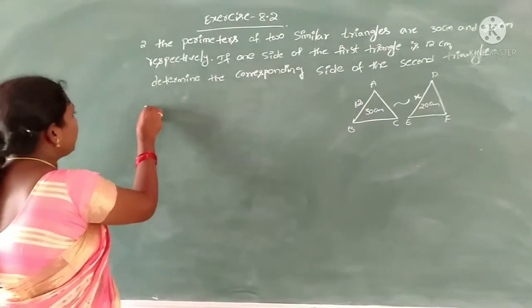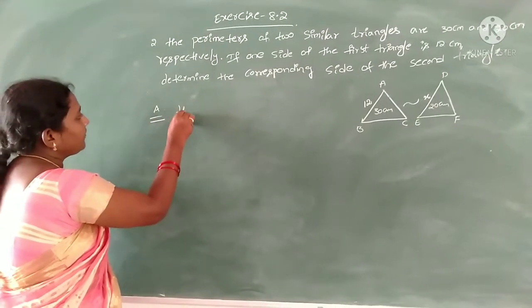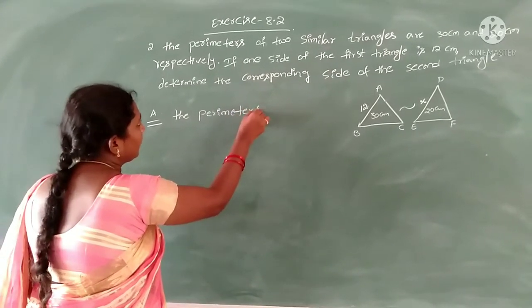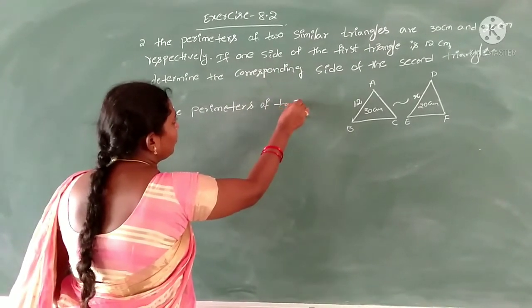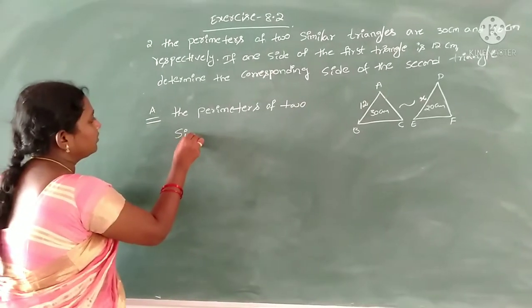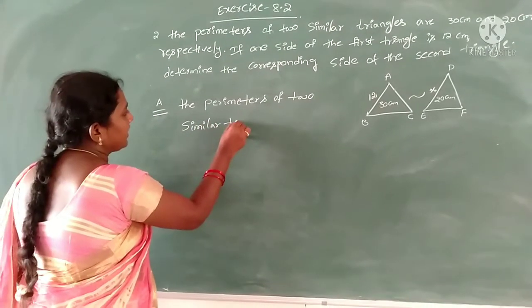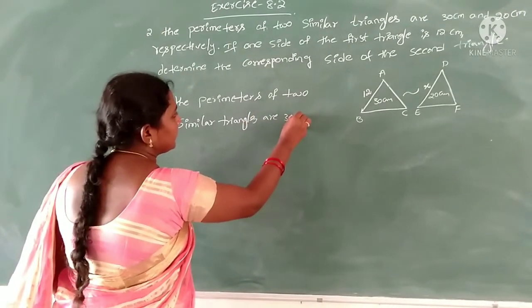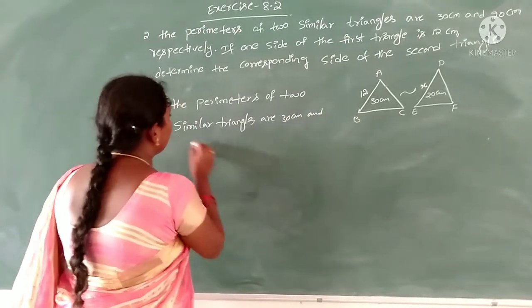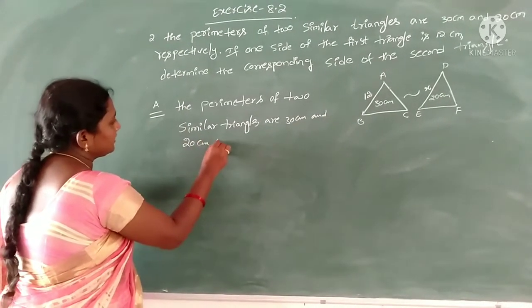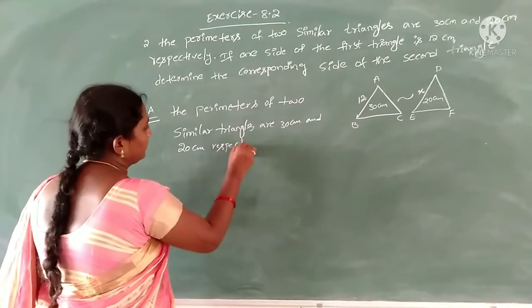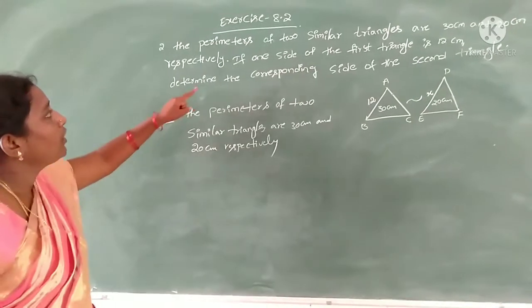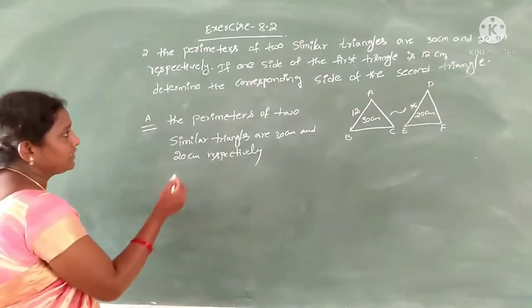First, what is given? The perimeters of two similar triangles are 30 centimeters and 20 centimeters respectively. Next, one side of the first triangle is 12 centimeters.